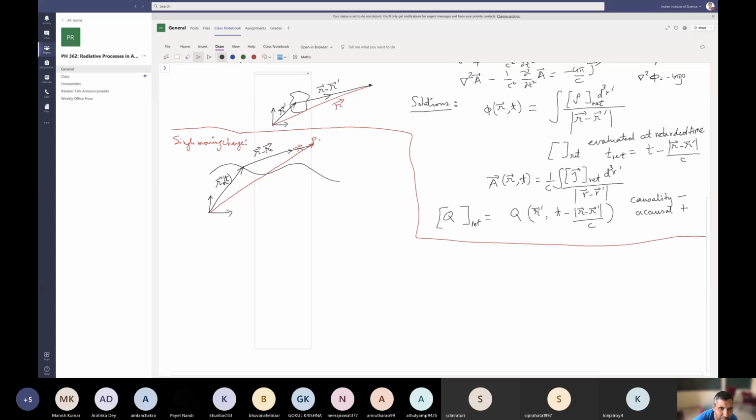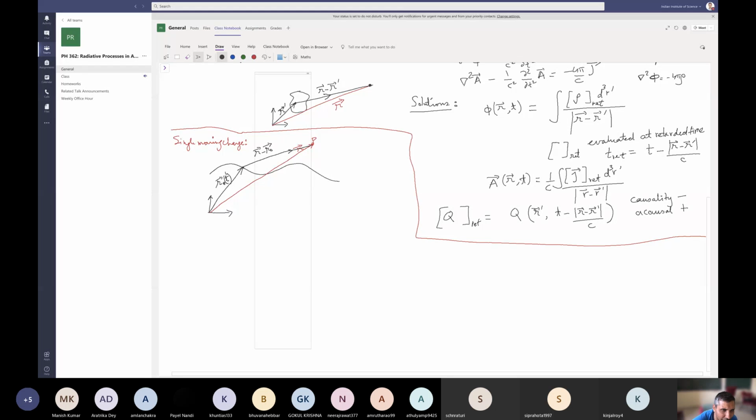Okay, now at point P we are interested in time t. Generally, if we want to calculate the potential at time t, we are actually interested in the time which we call t prime, or t retarded.